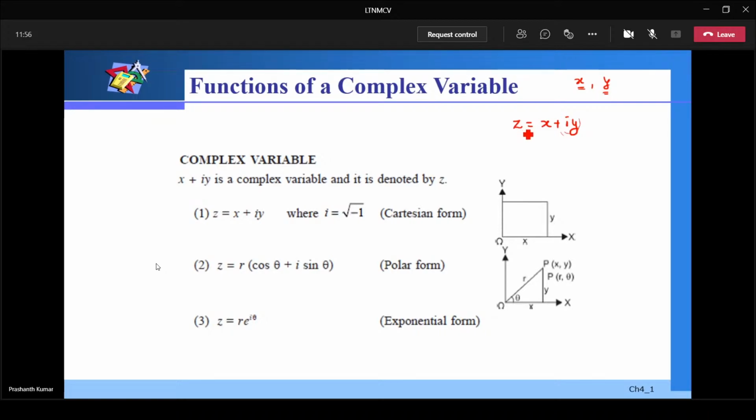What is very important here is that in the real field, x is a variable, only a single variable. Since a single variable is involved in the function, we call it a single valued function. But here x and y, two variables are involved, so can we call this a double variable function?